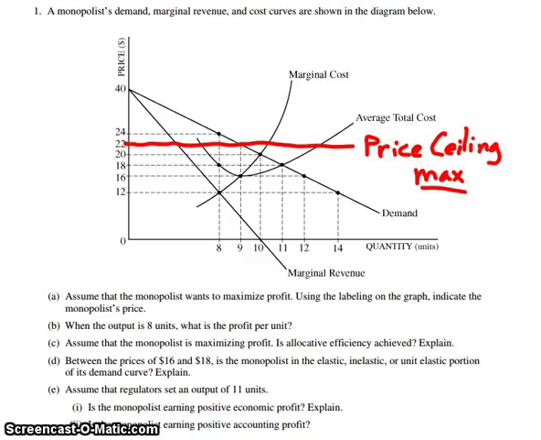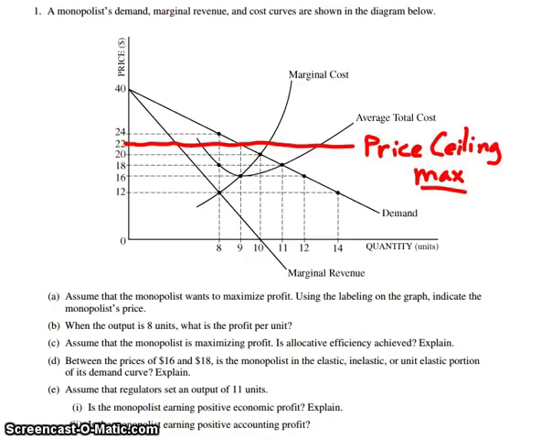So in this particular case, the price ceiling would be drawn in right as I've done here at $22, and they ask what is the marginal revenue for the 8th unit?